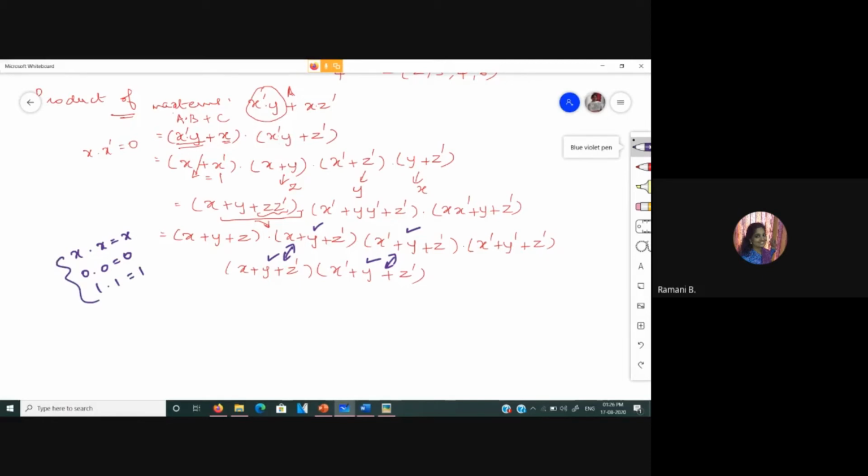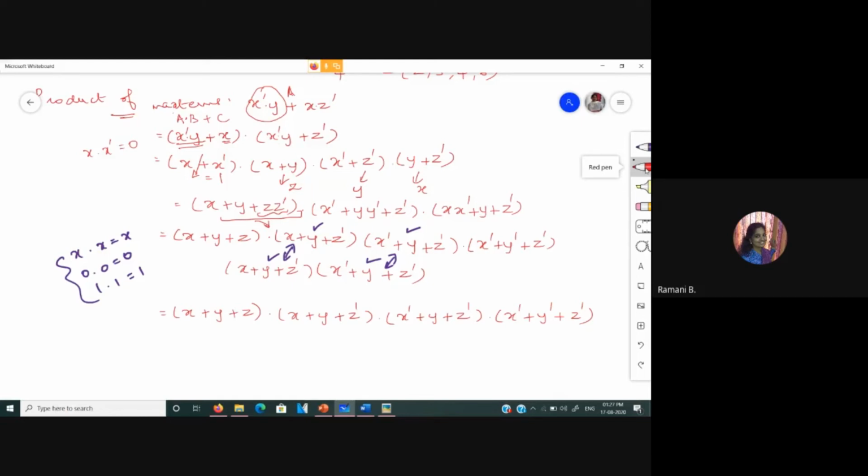So our expression will now be x plus y plus z dot x plus y plus z bar dot x bar plus y plus z bar dot x bar plus y bar plus z bar.